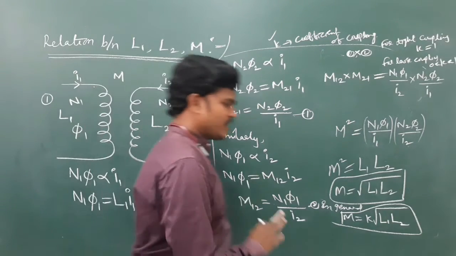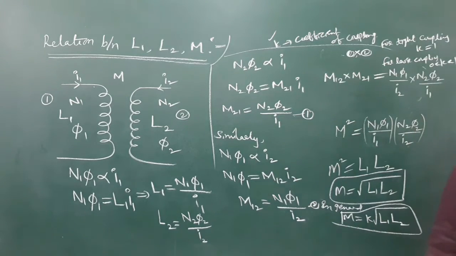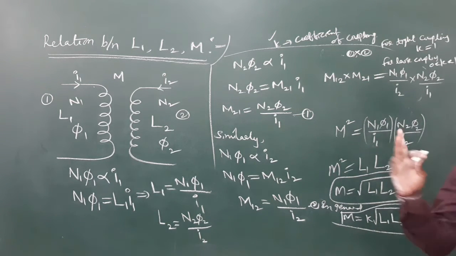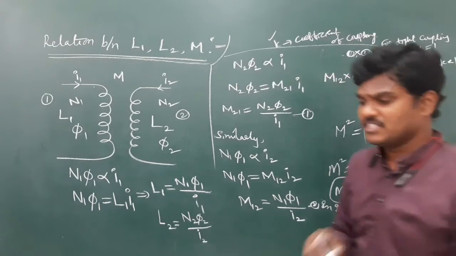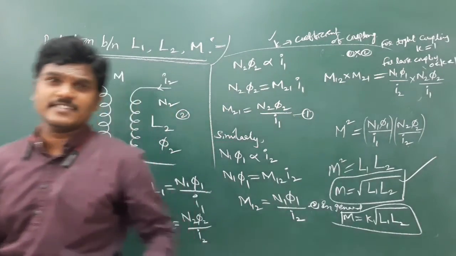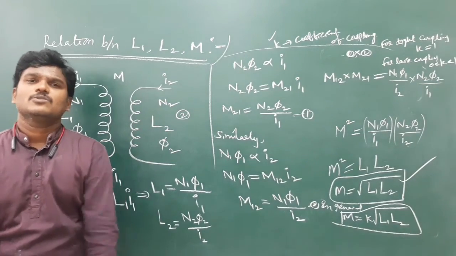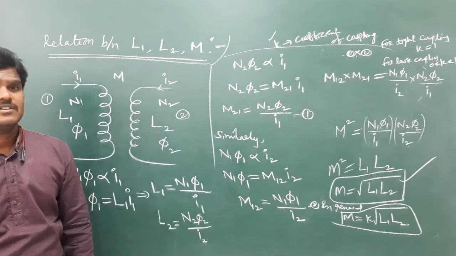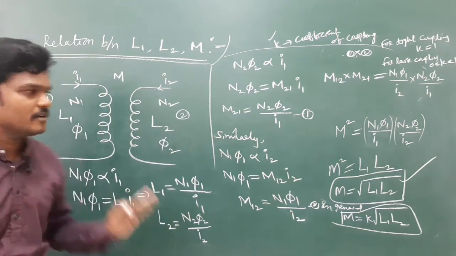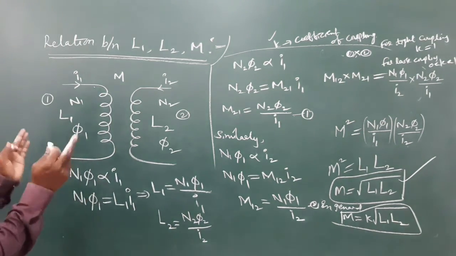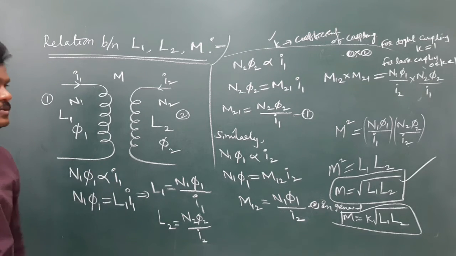So K is called the coefficient of coupling. For tight coupling, very close, K is equal to 1. So we got M is equal to root of L1 L2. M is the mutual inductance between two coils and L1, L2 are the self-inductances of the individual coils. So finally we got a relation between M, L1, L2.